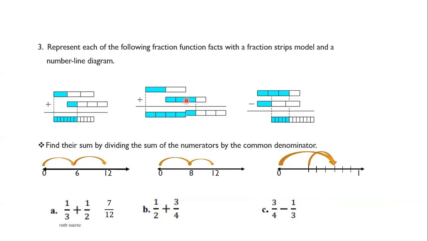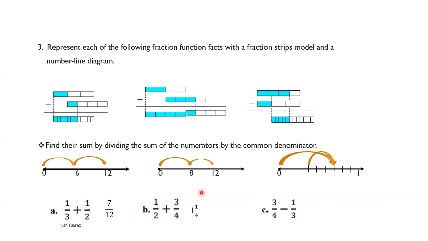And this one's 1, 2, 3, 4, and only 3 are highlighted. So we add those 2 together and we get 1, 2, 3, 4. So it's a full 1, and 1, 2, 3, 4 with 1 shaded in, 1 over 4. So it's going to be 1 and 1/4.